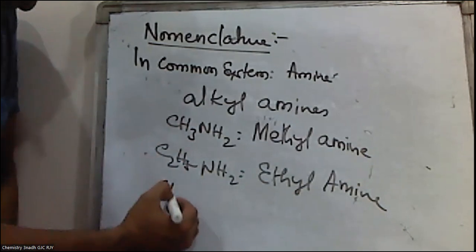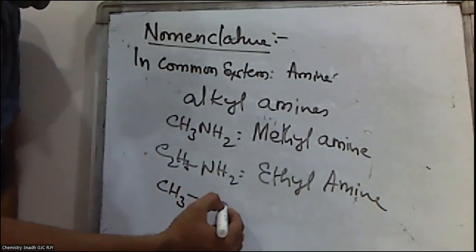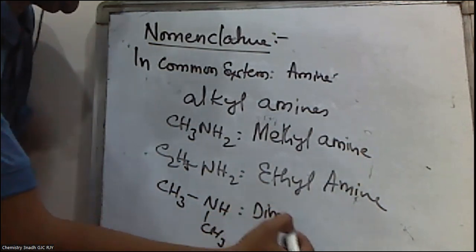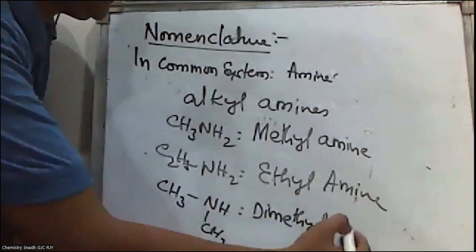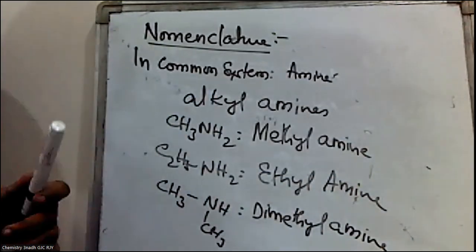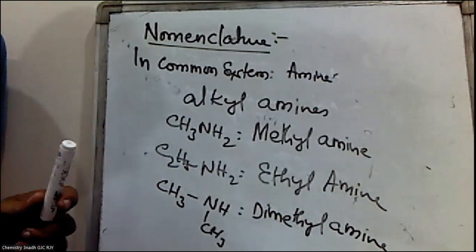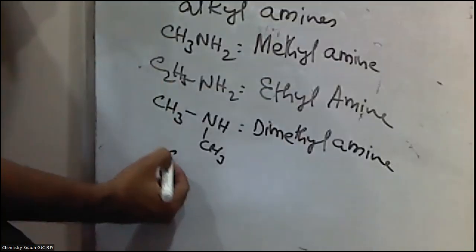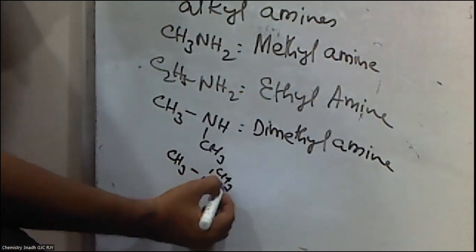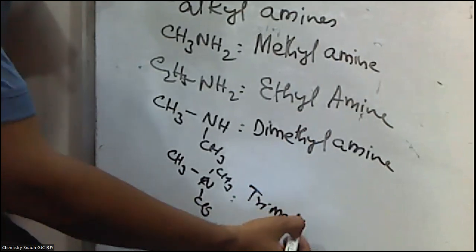Similarly, CH3NHCH3 is called dimethyl amine. If you take one more compound, N(CH3)3, this is called trimethyl amine.